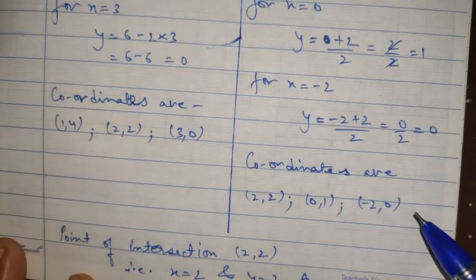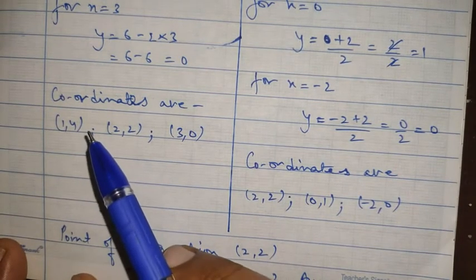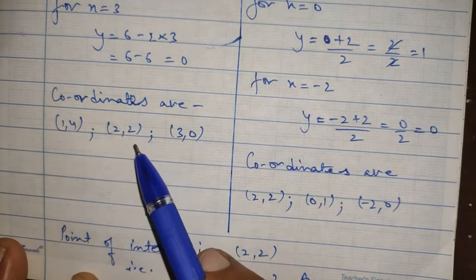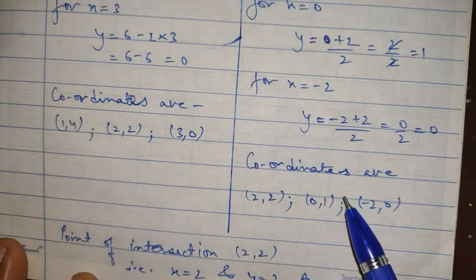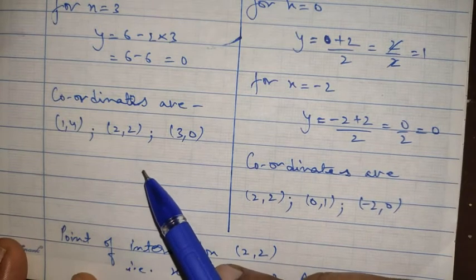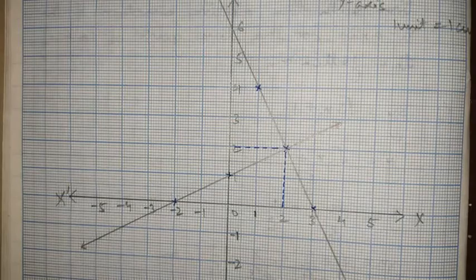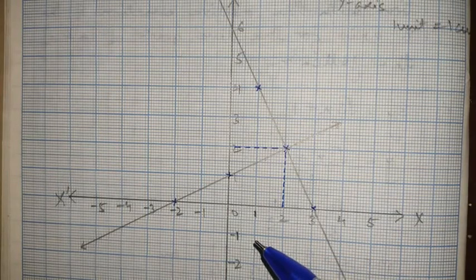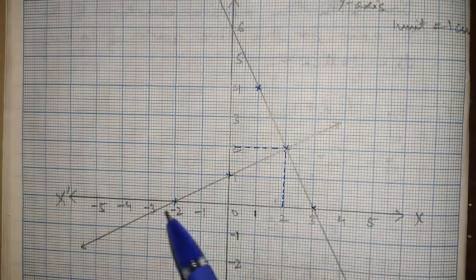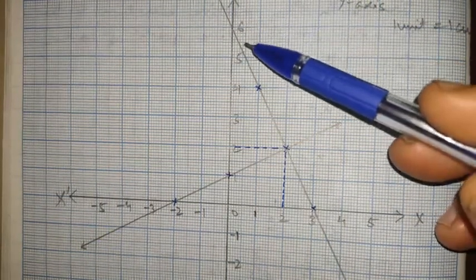Now what I am going to do is plot the coordinates for the first linear equation as well as for the second linear equation, and wherever they meet, from that we can get the solution. Children, as you can see, on a graph paper I have drawn both the axes, that is the x-axis, the horizontal line, and the y-axis, the vertical line.